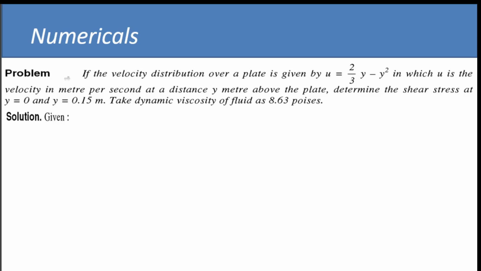Okay. Now, our next part is very simple. Determine the shear stress. We need to find out the shear stress. Okay. So, tau is equal to mu du by dy. So, we'll find out the shear stress at two different values.